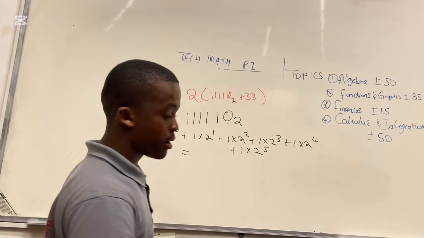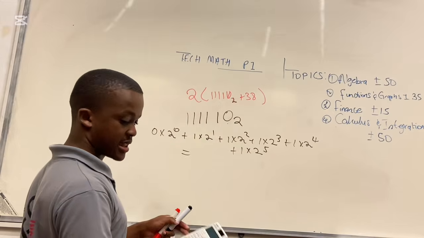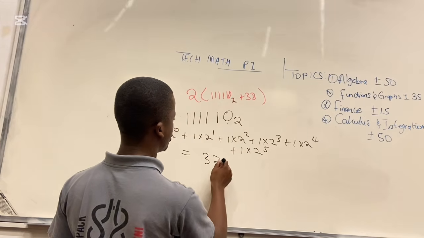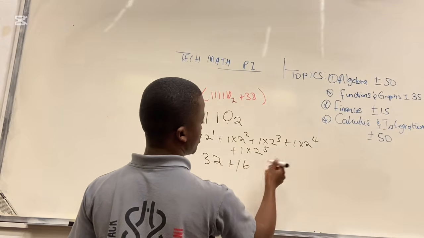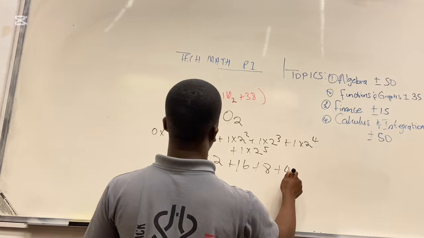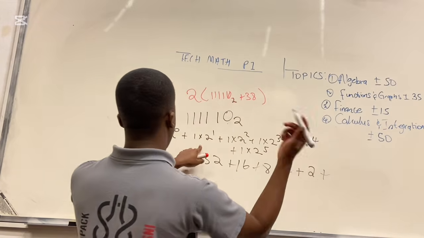We have 2 to the power of 5. 1 times 2 to the power of 5 is 32. So we have 32 here, plus 2 to the power of 4, which is 16, then 8, then 4, then 2, and 2 to the power of 0.